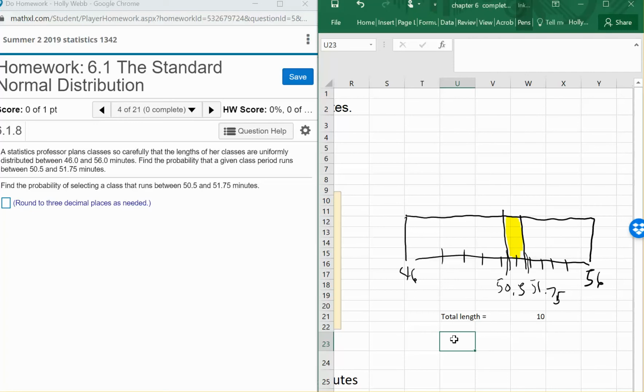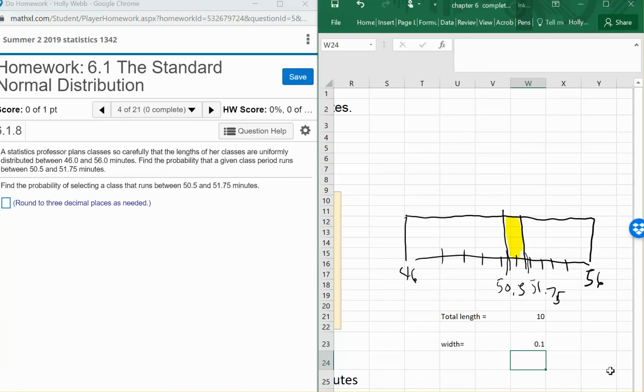That means that our width, since the total area is 1, the width will be 1/10. Okay, so the width is 1/10 and the length is 10. So the width will always be 1 over the total length. All right, now let's answer the question.